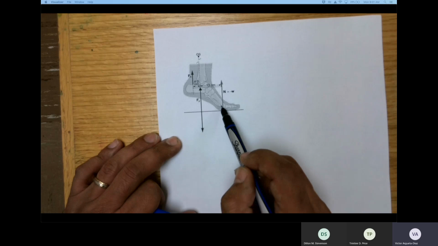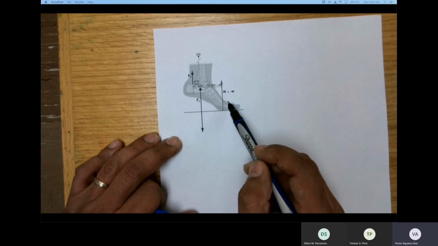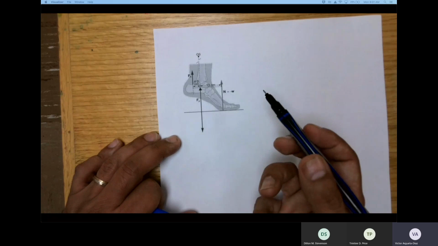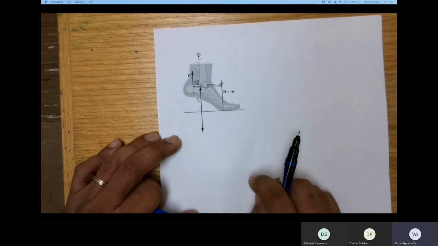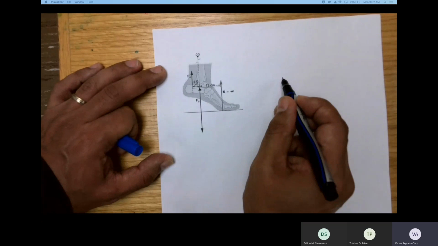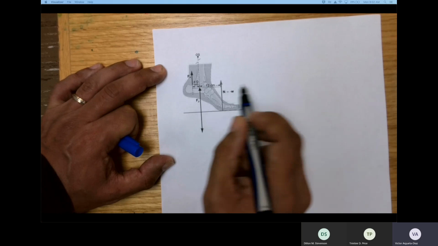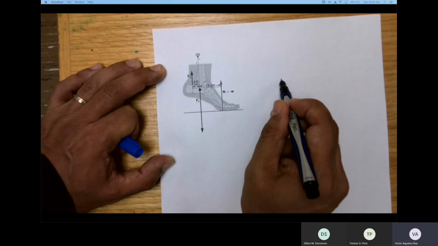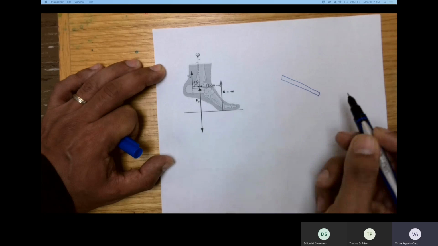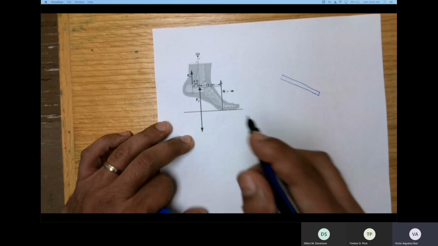Now, in this case, if you look at the data or the information, we don't have any angles. So the question is, how am I going to calculate these forces? I'm going to do the free body diagram. And instead of having my ankle, I'm just going to represent the ankle as a bar.